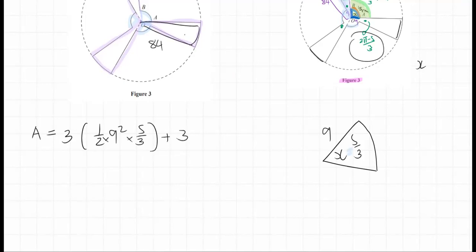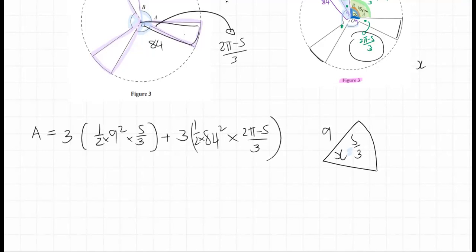So the angle was 2 pi minus 5 over 3 from our previous question as well. 3 times a half times 84 squared times 2 pi minus 5 over 3. Fantastic. Okay.